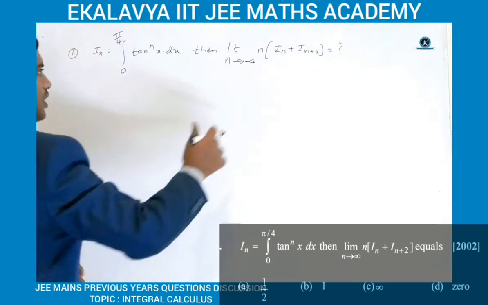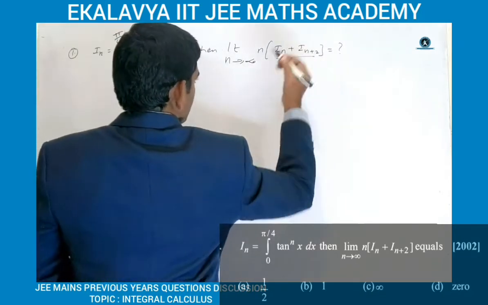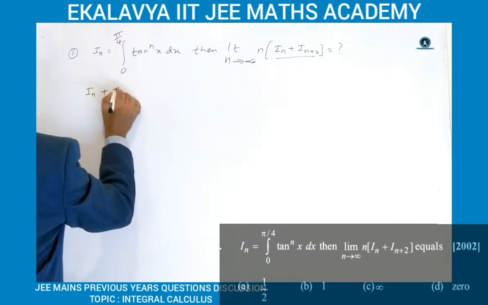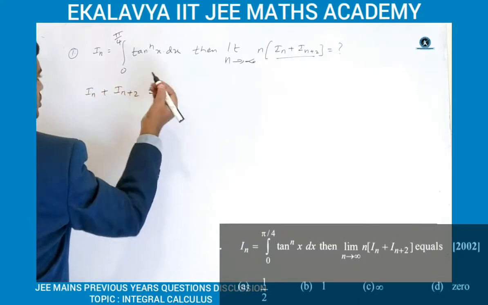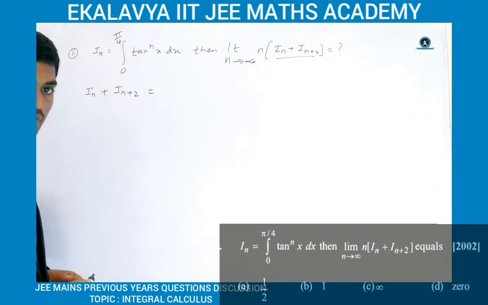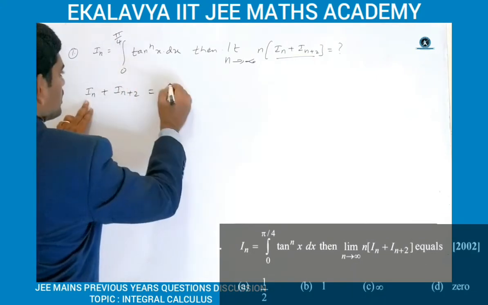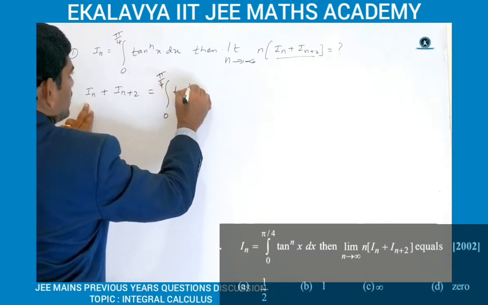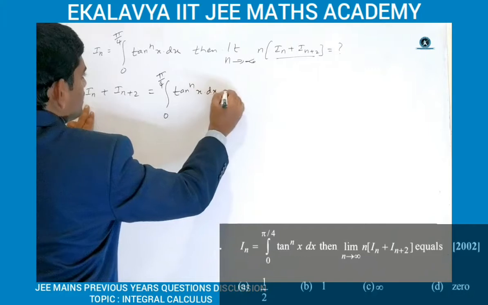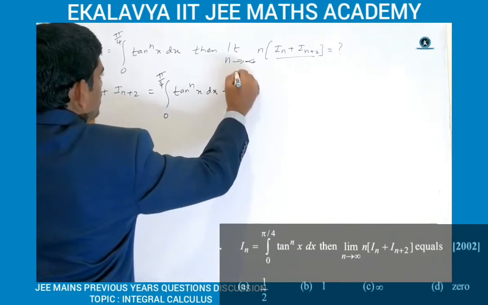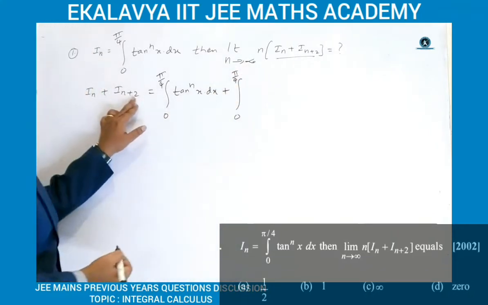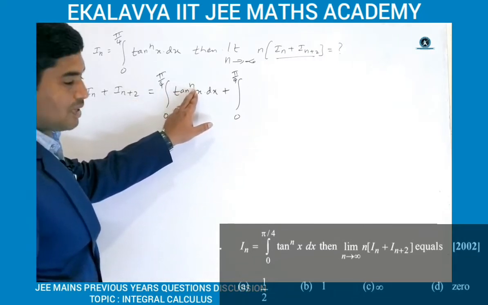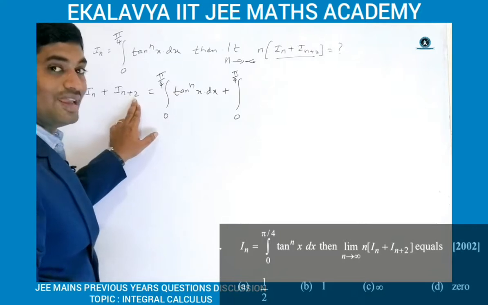So first of all I am taking I suffix n plus I suffix n plus 2, which is equal to I n, that is integration of 0 to pi by 4 tan power n x dx, plus integration of 0 to pi by 4 I suffix n plus 2. So in the place of n we need to substitute n plus 2.